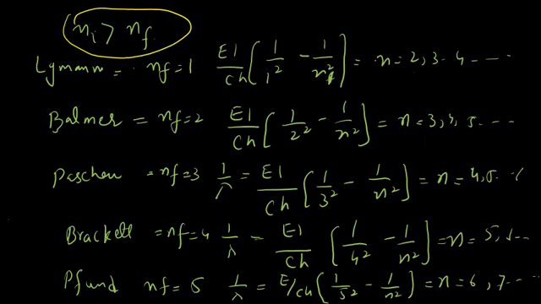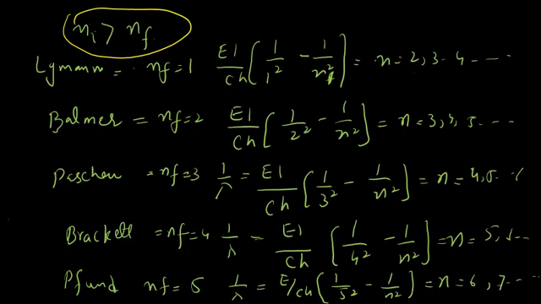Similarly for the Balmer series, the first spectral line will be due to the jump of the electron from n equal to 3 to n equal to 2. The second will be n equal to 4 to n equal to 2, and so on. In this way we can get the different spectral lines of the hydrogen atom.